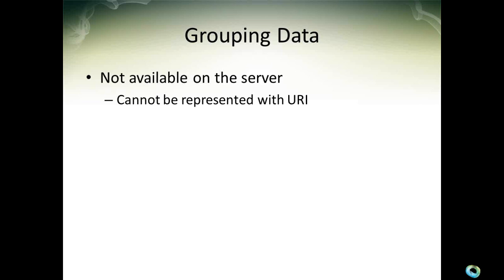You can probably extend the Open Data Protocol to support grouping data, but this won't be part of our talk today. One workaround for this is to create, for example, a stored procedure in your SQL Server and use a service operation to call this stored procedure and return the grouped entities.